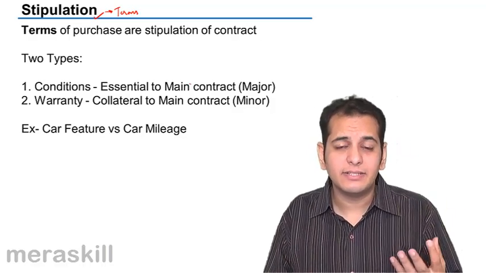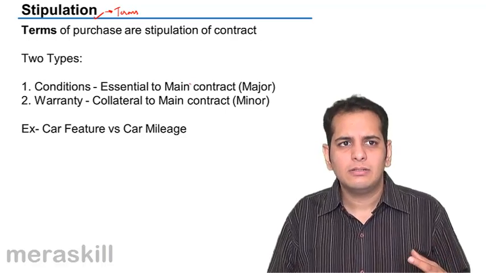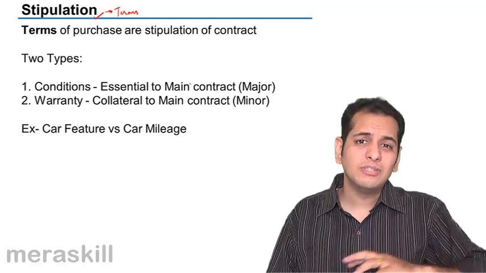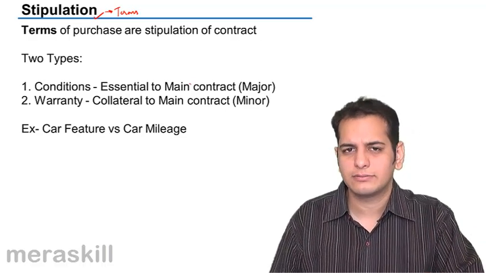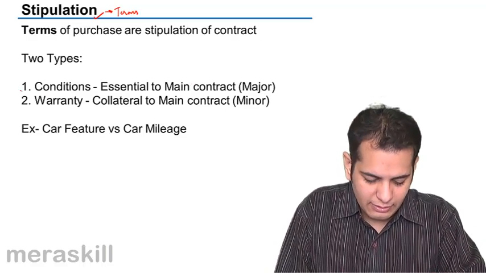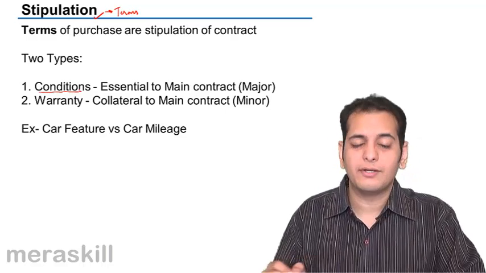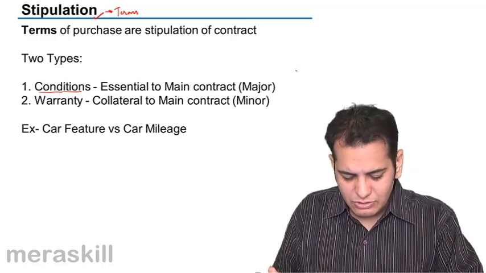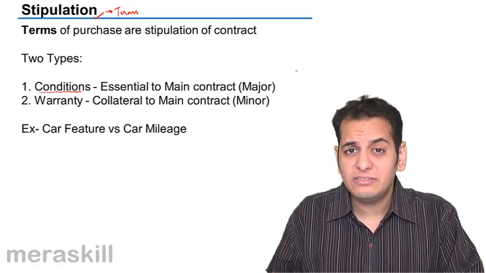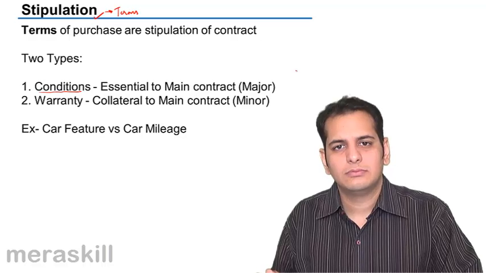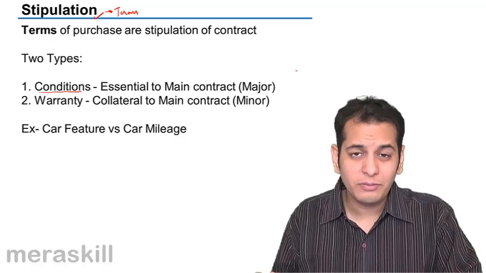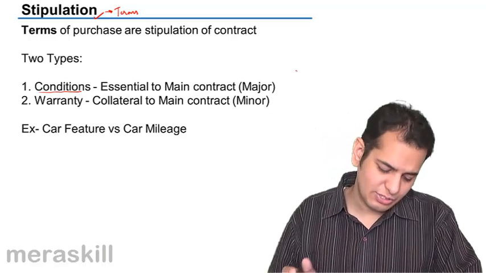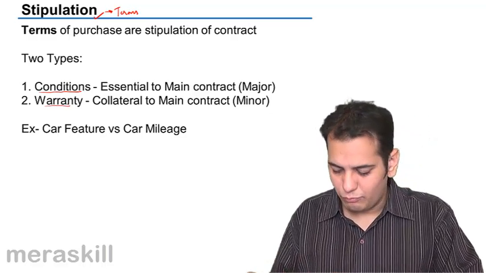If we understand that this term is very important for the contract, this term is essential for the contract, then we understand that this is the condition. However, if we understand that it is important but not very important, then such a term would be warranty.